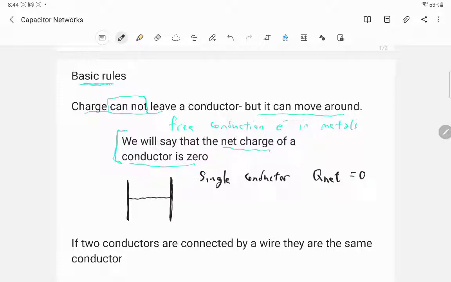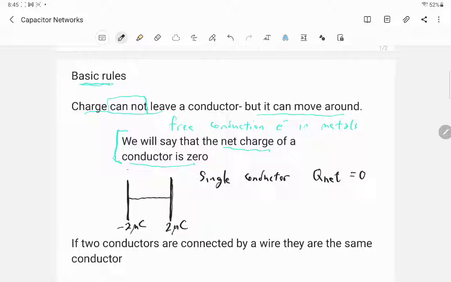Okay, so Q net can be 0. So if for some reason the right-hand side plate were to have, for example, 2 microcoulombs of charge, then the left-hand side plate is guaranteed to have negative 2 microcoulombs of charge.